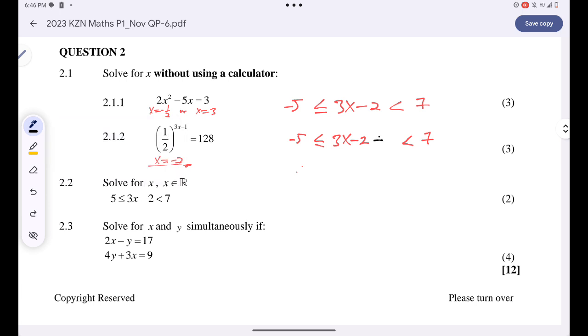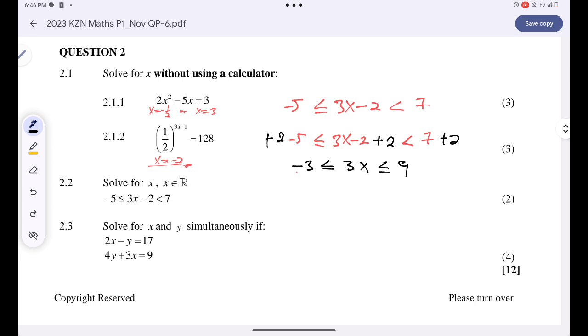If I decide to add a 2 in here, I must do it even on the left hand side and the right hand side as well. So whenever I do that, I'll be left with negative 3, and then there will be 3x in between because the 2's will cancel one another, and then I'll be left with 9 on the right hand side.